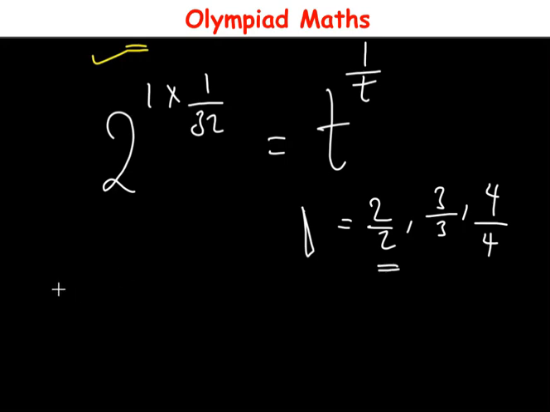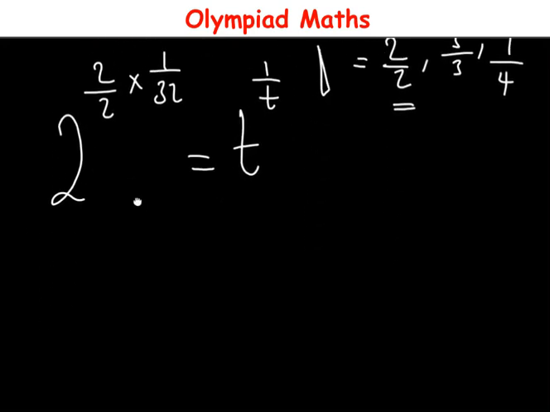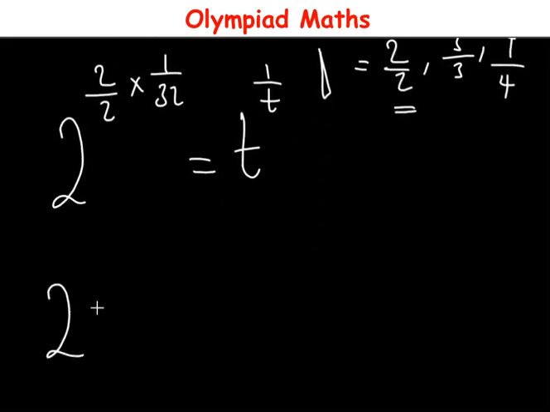So this becomes 2 raised to power 1 becomes 2 over 2 times 1 over 32 is equal to, here we have t raised to power 1 over t. So from here, multiplying the powers, 2 raised to power 2 times 1 is 2 over 2 times 32 is 64 is equal to t raised to power 1 over t.